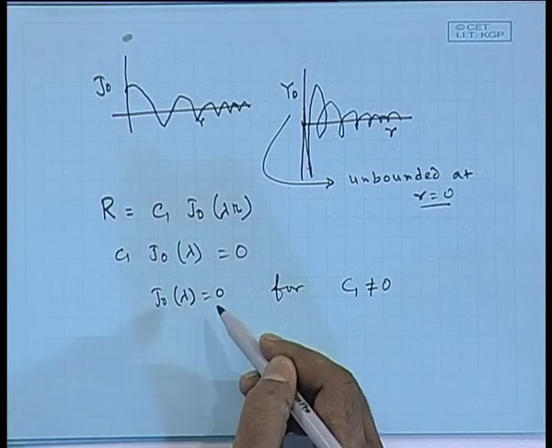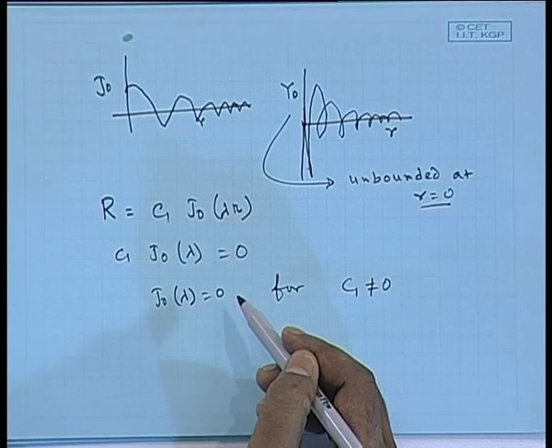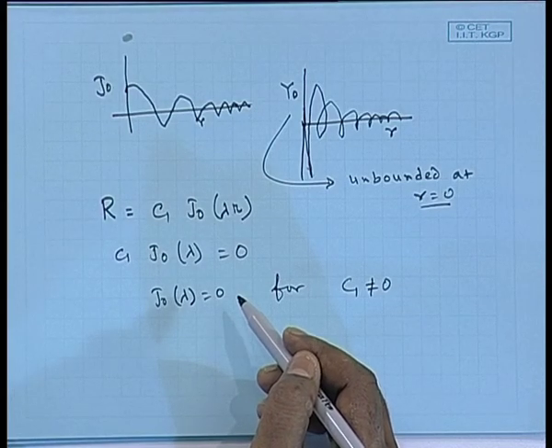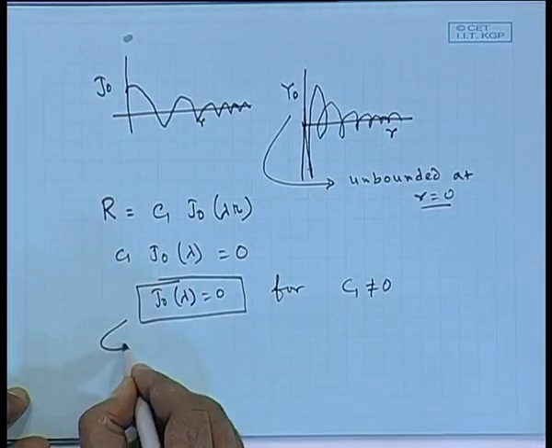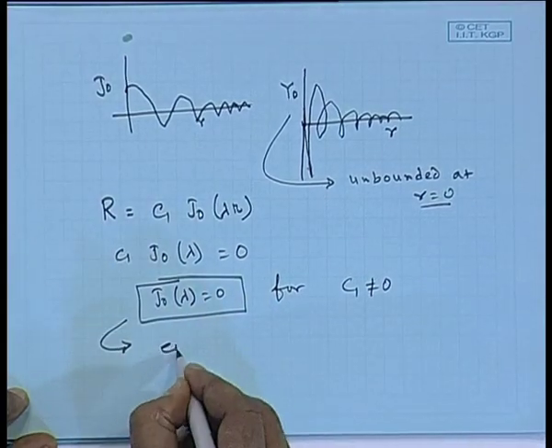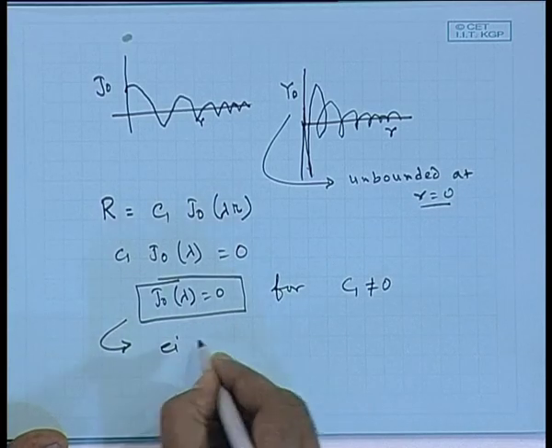This cannot be done analytically. Like the sine and cosine functions, we did those analytically, but if you remember the mixed boundary condition, it is again a transcendental equation where the eigenvalues are not found analytically. So the eigenvalues of this problem are roots of this transcendental equation J0 lambda equal to 0.